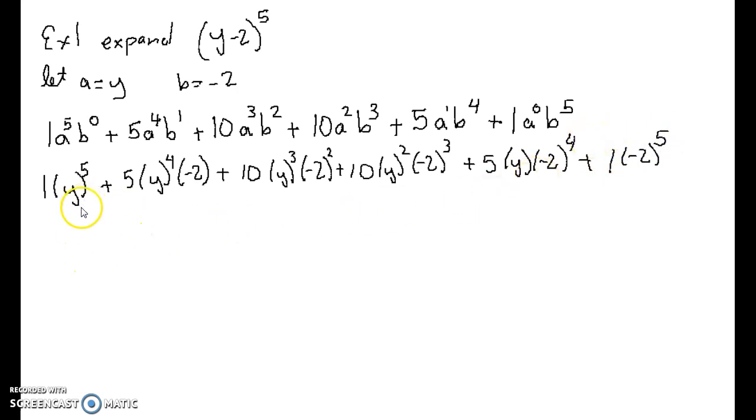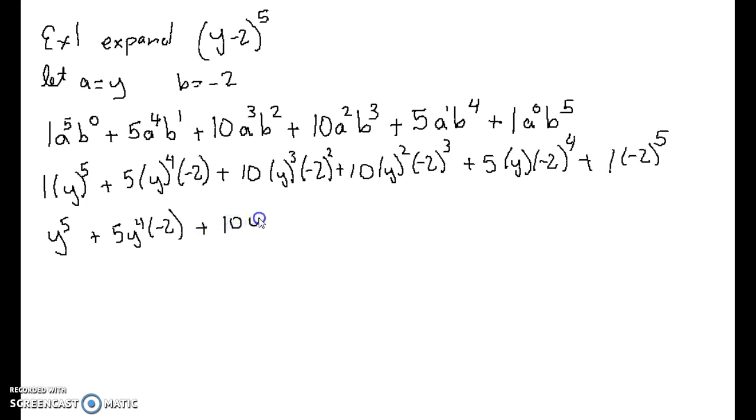Now, when you raise a variable to an exponent of 1, it's not going to change anything. 1 is not going to change anything either. So this will just end up being y to the power of 5. Here, this will be 5 y to the power of 4 times negative 2, and I'm going to multiply those together in just a second.